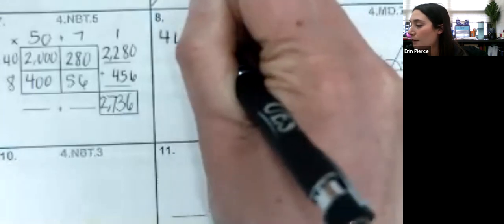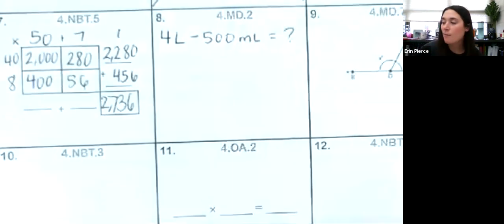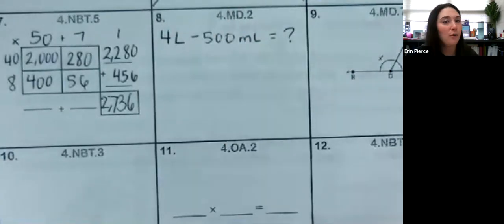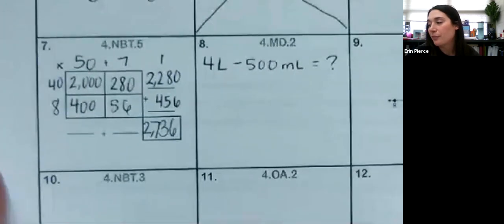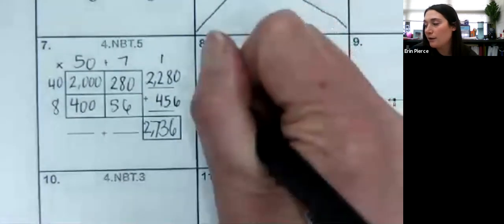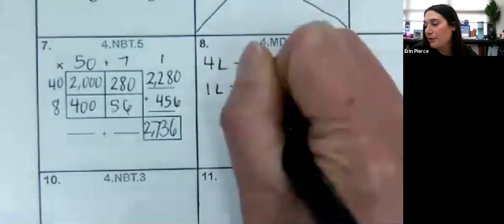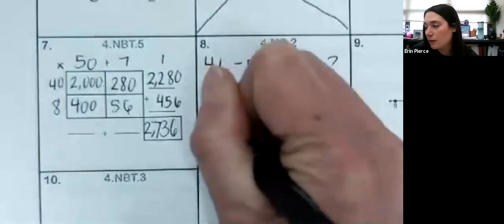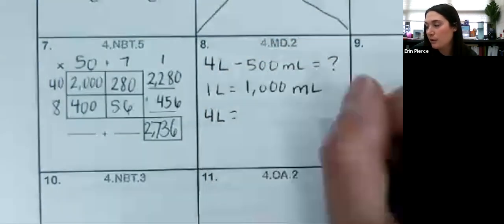So 4 liters, basically what I'm doing is 4 liters minus 500 milliliters, and I get how many? So let's go back all the way to our first unit in Eureka. If I know that 1 liter equals 1,000 milliliters, what is 4 liters equal to in milliliters?